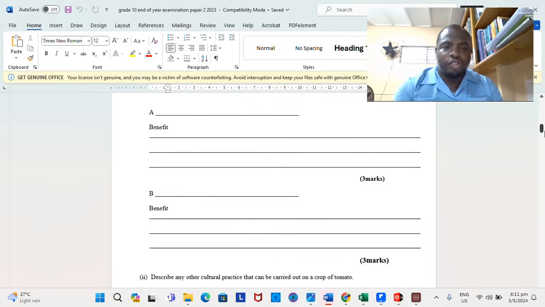So again, just to run through the two diagrams. A, pruning, the benefit, you basically remove the unwanted branches. We allow the plant to focus that energy in providing high quality fruits. B, we basically use a stick and we tie the cord around the stem of the plant, and that would allow support.